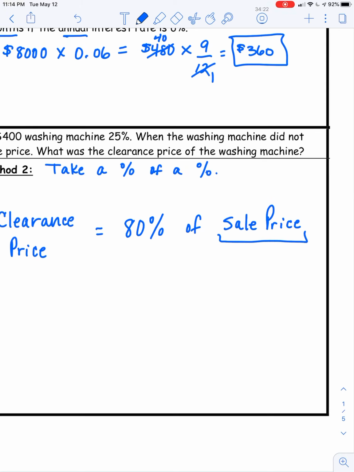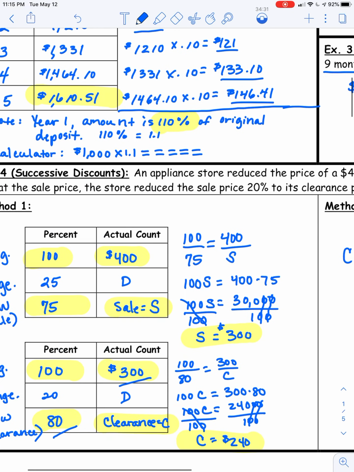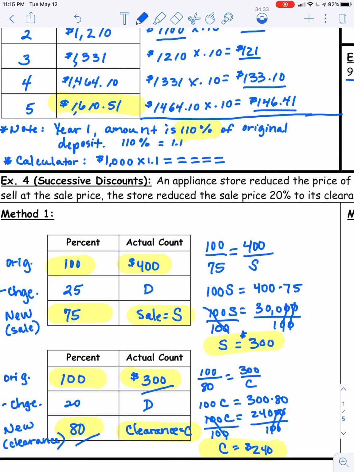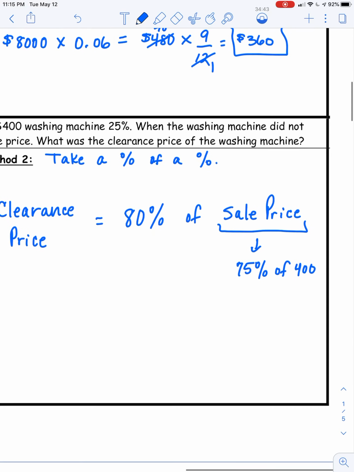What was the sale price? The sale price was 75% of the original price. Go back to your ratio box and look at that. The first ratio box shows that the sale price was 75% of the original price of $400.